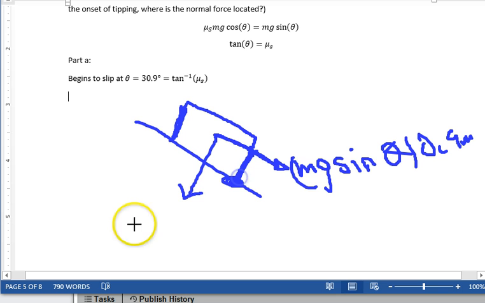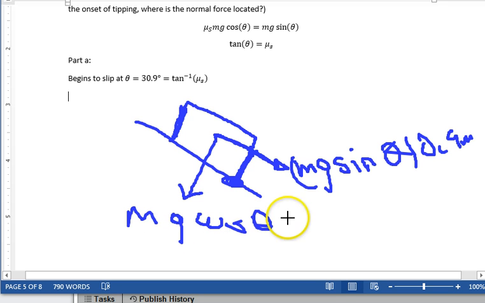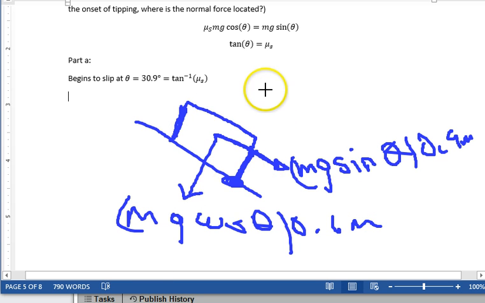All we're worried about is this. And then over here we have mg cosine theta, and in this case, its distance to the pivot point is only 0.6 meters. So this thing is a little top heavy. So at the point where these two are equal, it's ready to tip.